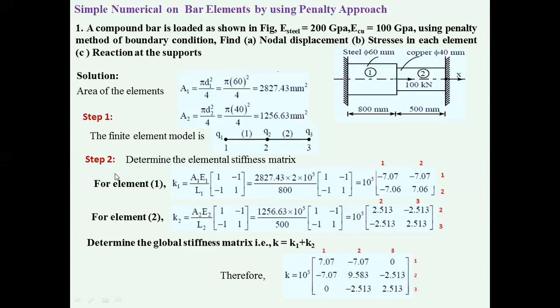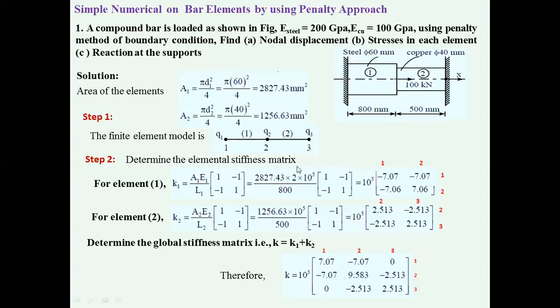Go to the second step. We have to determine the elemental stiffness matrix for each element. We have two elements. For element 1, K1 is given as A1 E1 by L1 times the matrix 1 minus 1 minus 1 1. Substitute the value of A1, which is 2827.43, into E. Element 1 is steel, so you take 200 GPa, that is 2 into 10 to the power of 5, divided by the length of the element, which is 800.